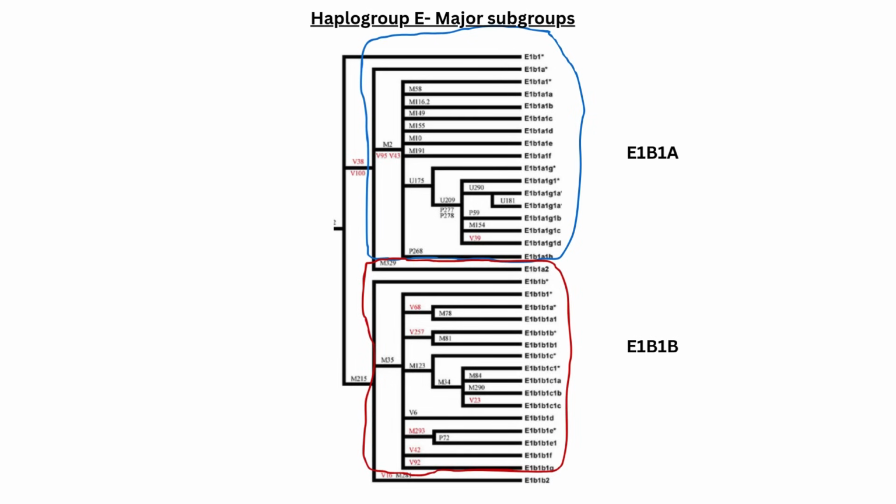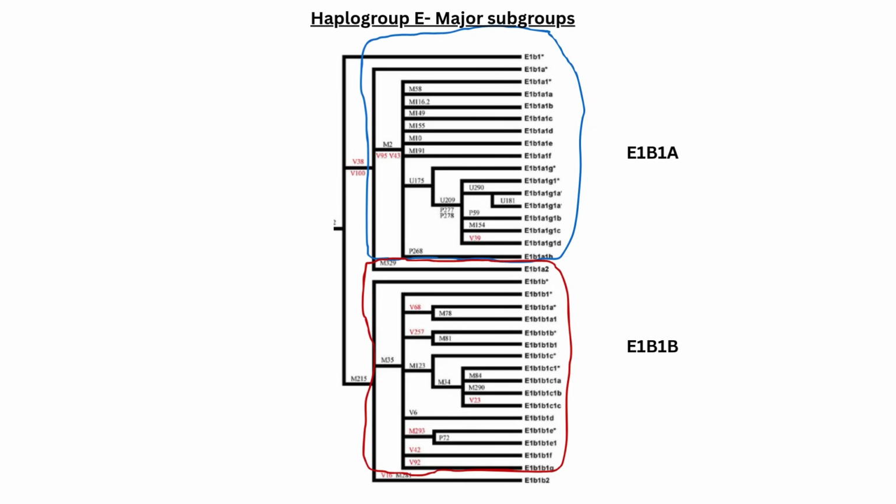Let's talk about haplogroup E. Haplogroup E, just like every other major letter haplogroup, branches off into multiple subgroups. The two major subgroups for haplogroup E are E1B1A and E1B1B.